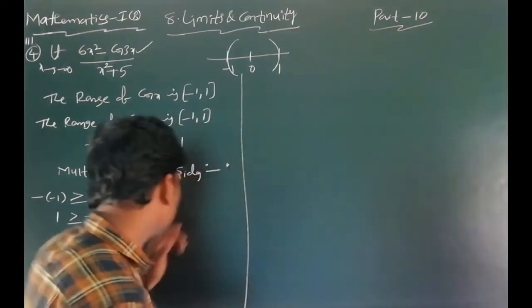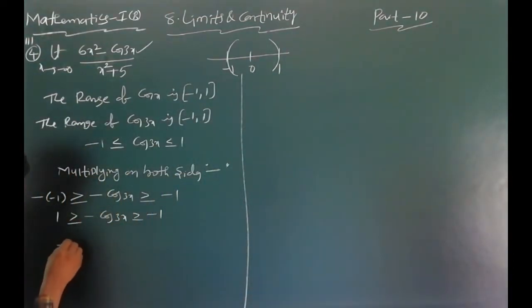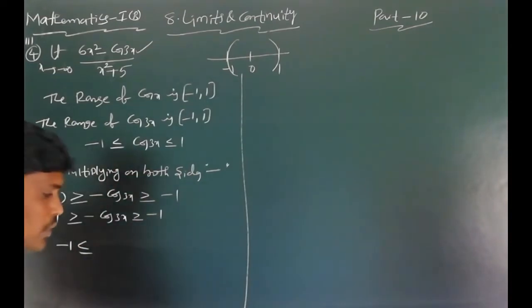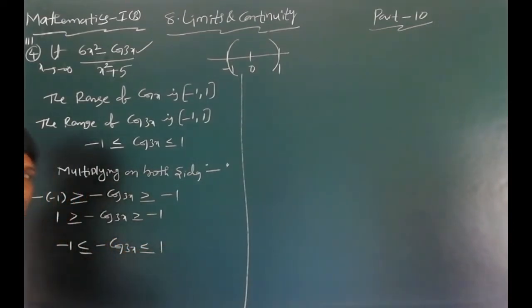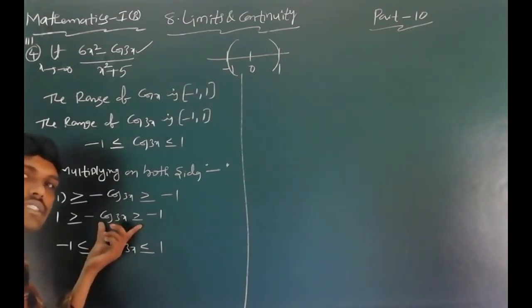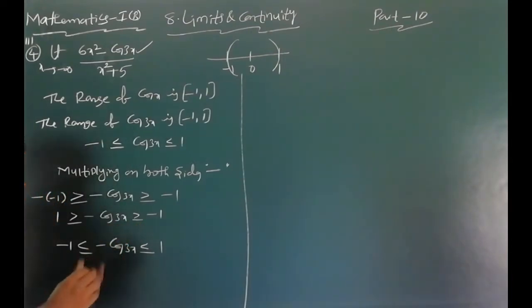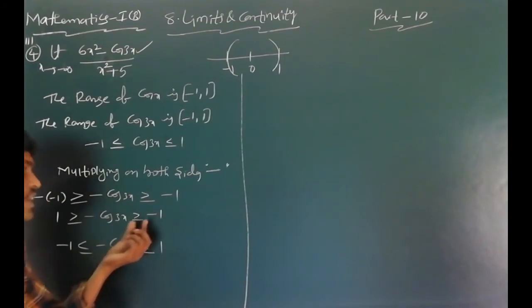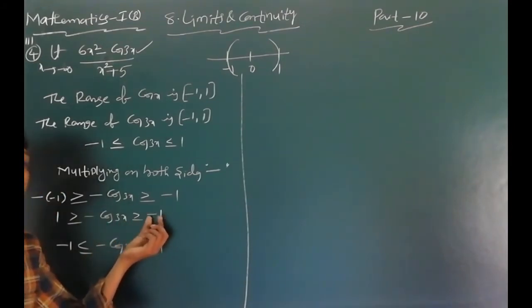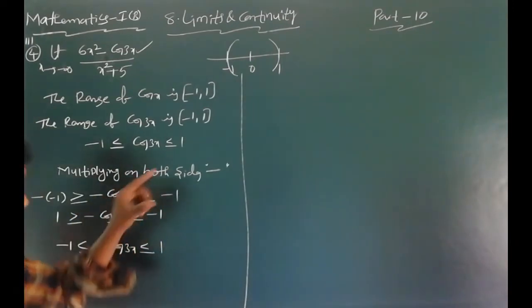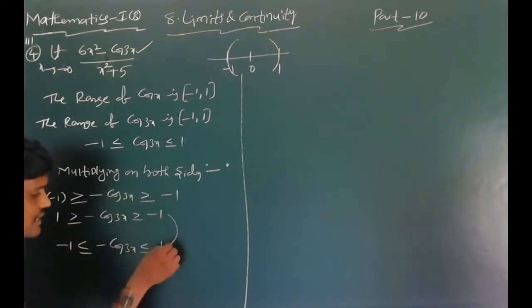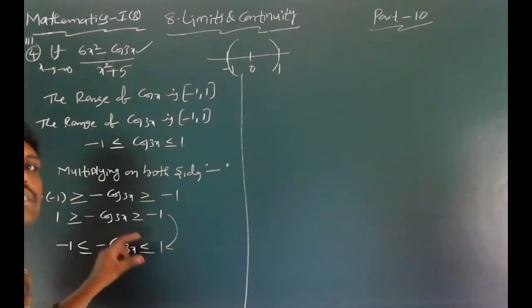So this can be written as minus 1 less than or equal to minus cos 3x less than or equal to 1. Is this correct or not? 100% this is correct.